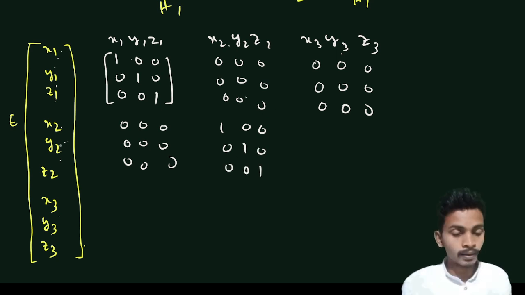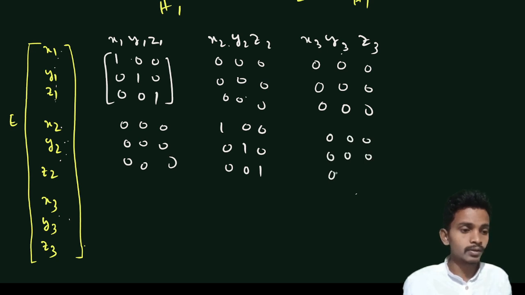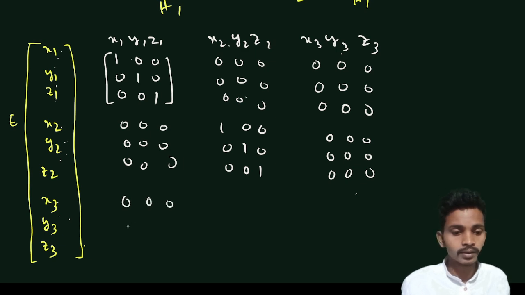And here it is not there, this is here only, so these become 0. This is also not here, so 0 0 0.